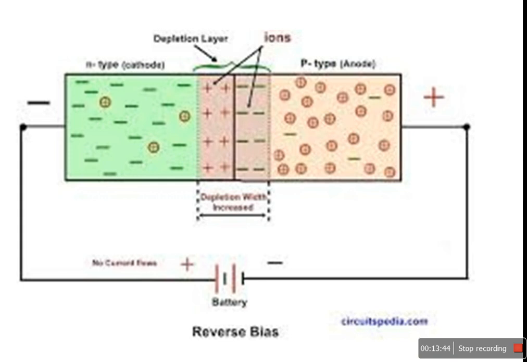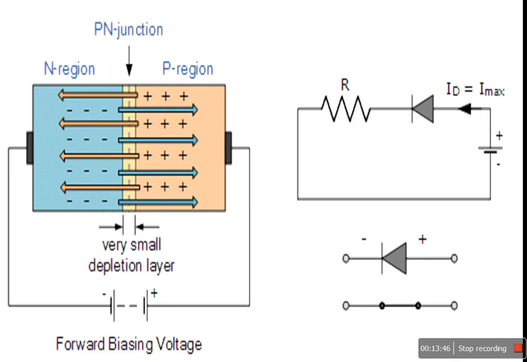So in forward bias the diode acts as a short circuit, and the depletion region width decreases. As the applied voltage increases, at some point the barrier potential, which is the voltage at the depletion region, comes to 0. At that point the maximum current will flow through the device.